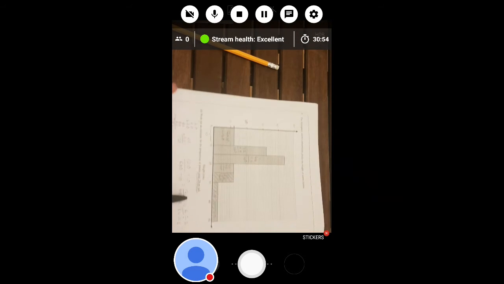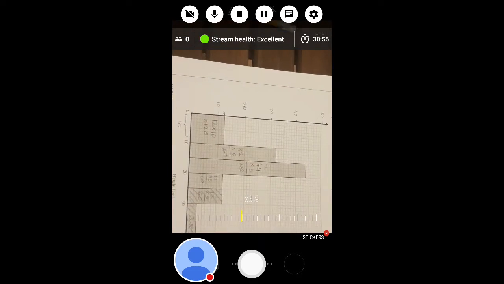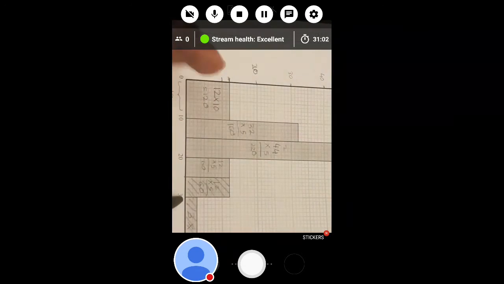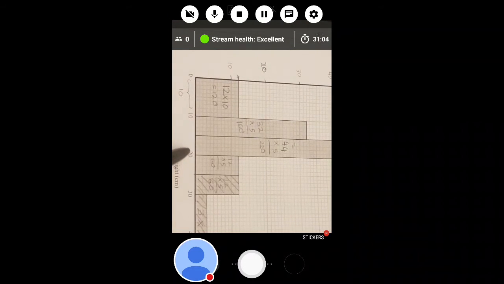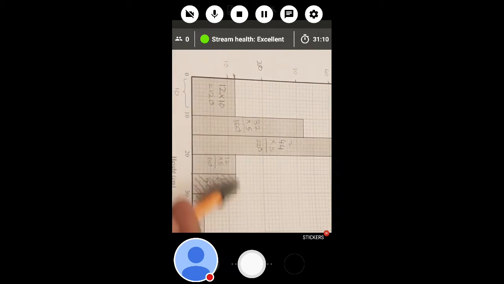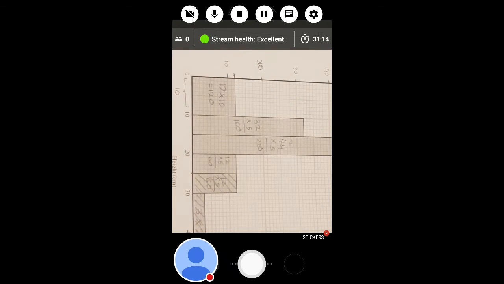In this case, if we see this bar over here, from 20 to 30, we've had to split it in half. We know that if we had a table over there, we would know exactly that a certain number of people are represented by this bar. We don't know whether a certain number of plants are represented by this bar.